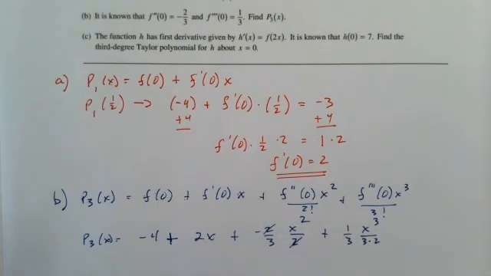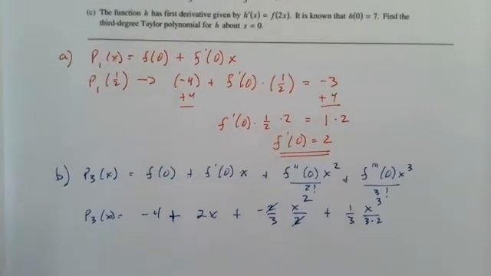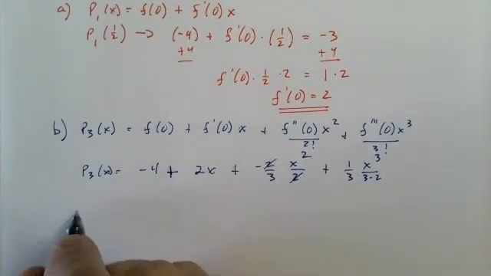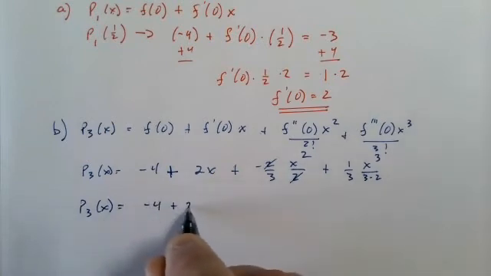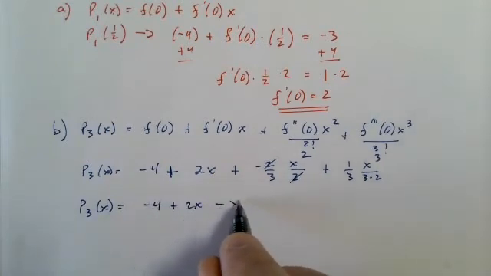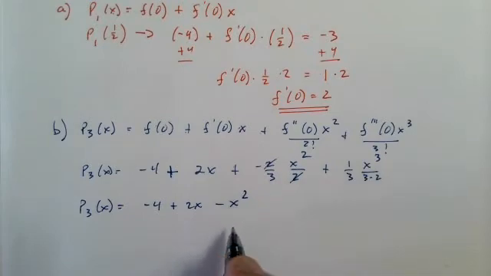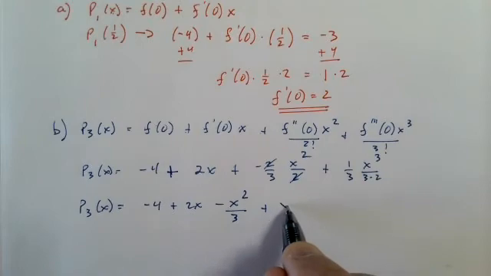Cancel, cancel here. P3 of x equals -4 plus 2x minus x squared over 3 plus x to the third over 18.